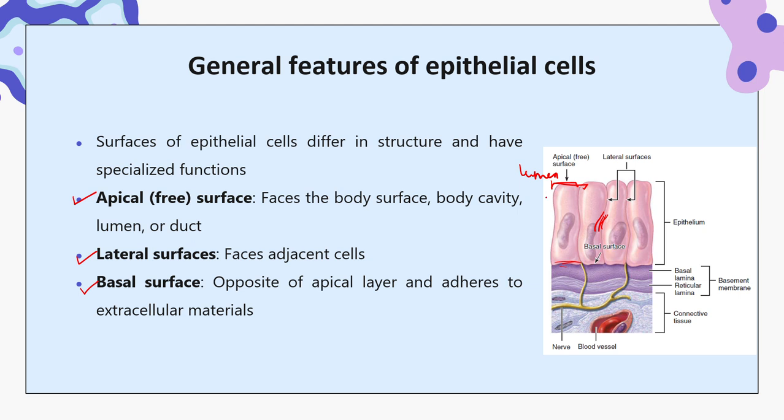Now you can see in the diagram the epithelial tissue consists of the epithelial cells and the basement membrane. The epithelial cells are divided into apical surface, lateral surface and basal surface, whereas the basement membrane is divided into the basal lamina and the reticular lamina.